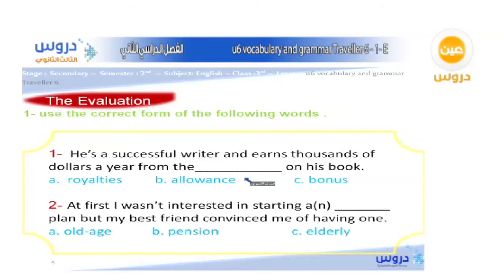Number one: he is a successful writer and earns thousands of dollars a year from the royalties, the allowance, or the bonus on his book. What do you think?